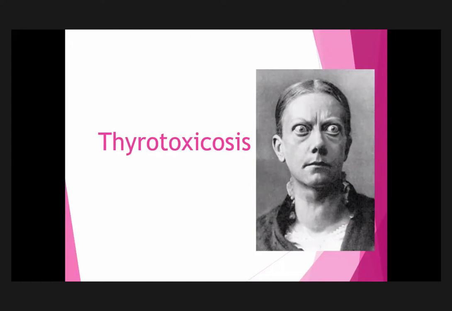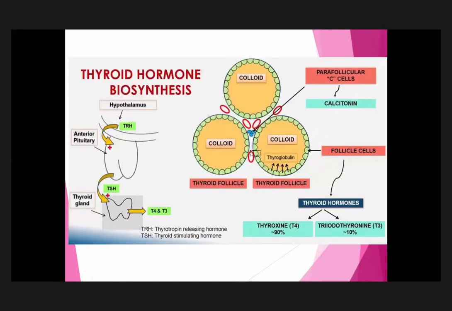Yes, ma'am. As usual, before speaking about the disease, let's remember the normal physiology of the thyroid gland. Look at this picture, please. Look at the center of the picture.